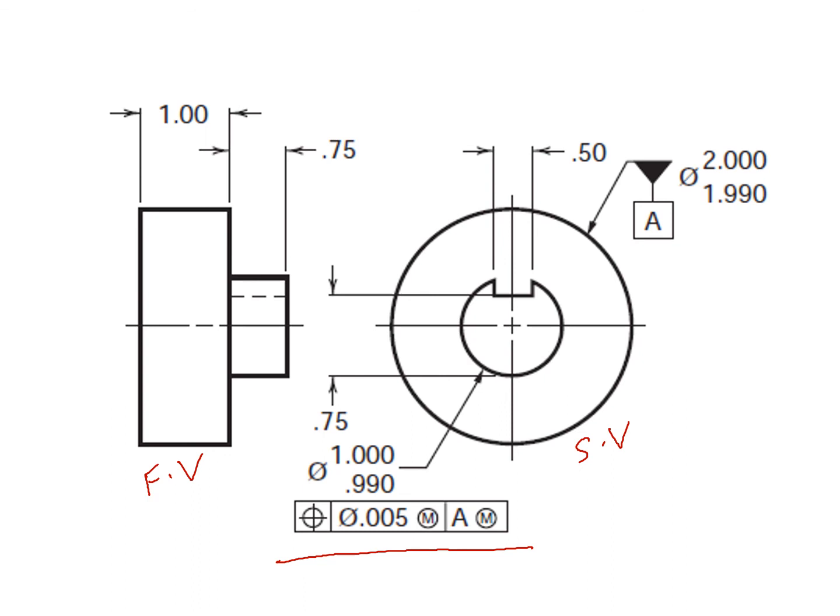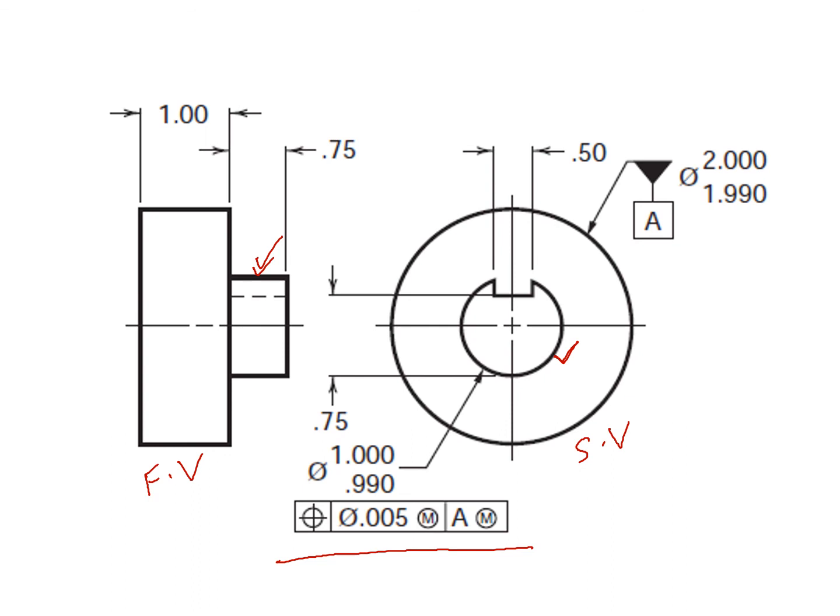So what is this telling us now? This feature control frame is telling us about the position of this circular feature right here. You can see the circular feature in the front view, but in the side view it tells us the whole story.